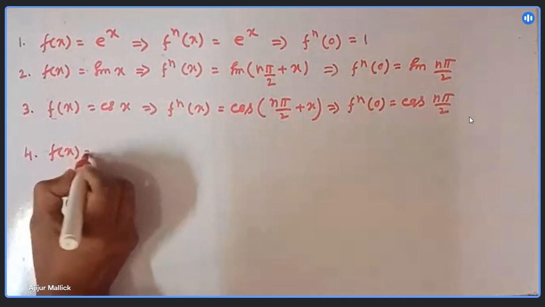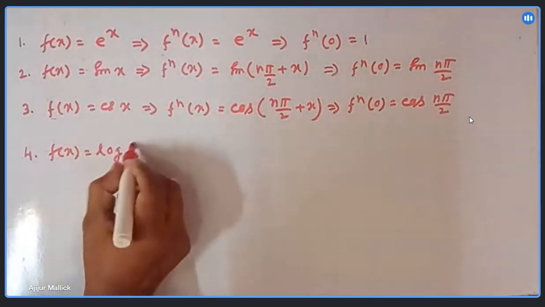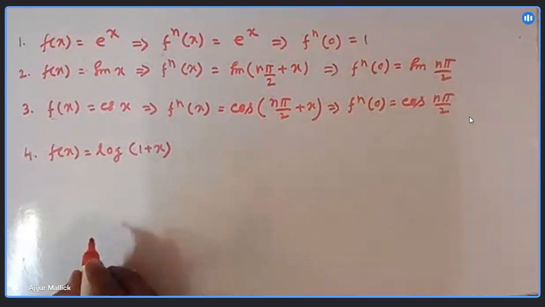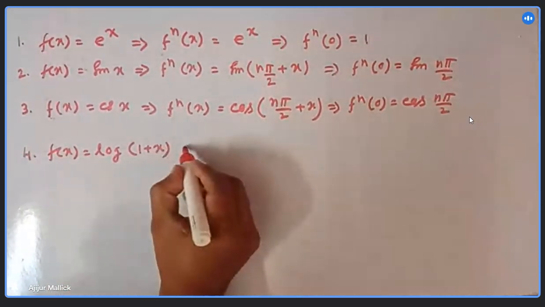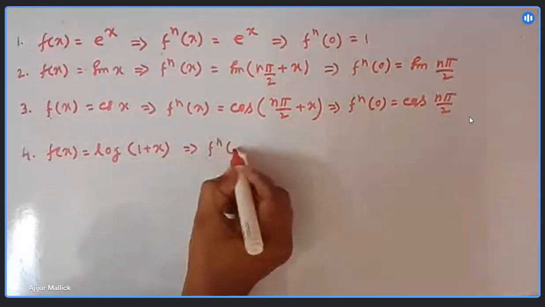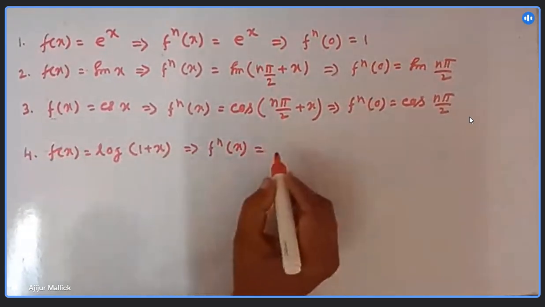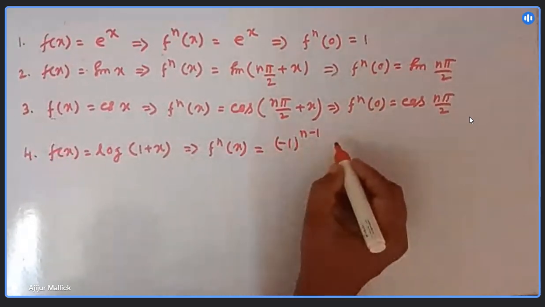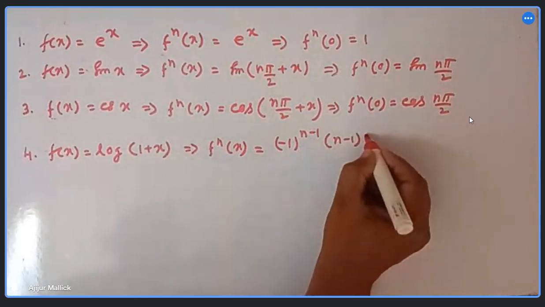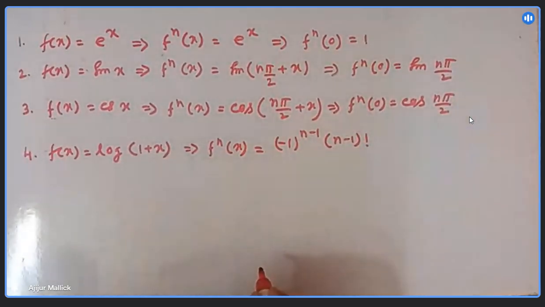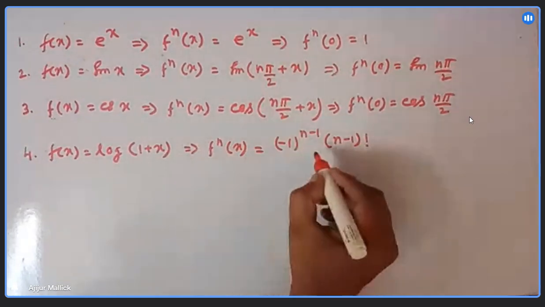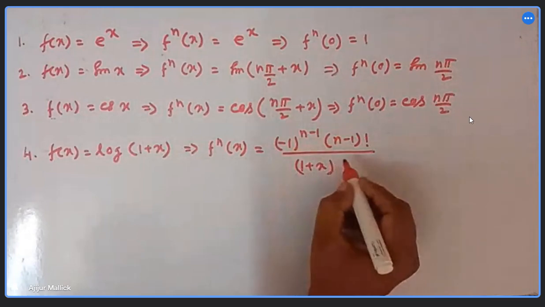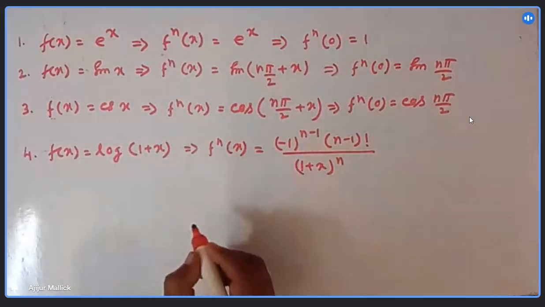If f(x) is equal to log of 1 plus x, then f^n(x) will be equal to, the formula is this, minus 1 to the power n minus 1, times n minus 1 factorial, divided by (1 plus x) to the power n.